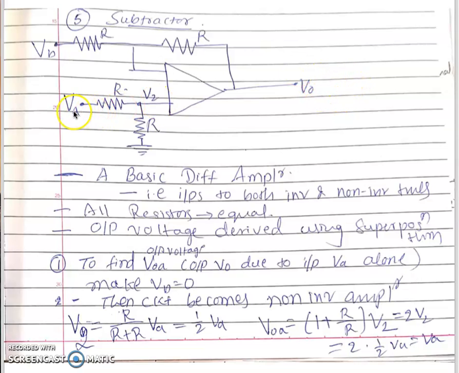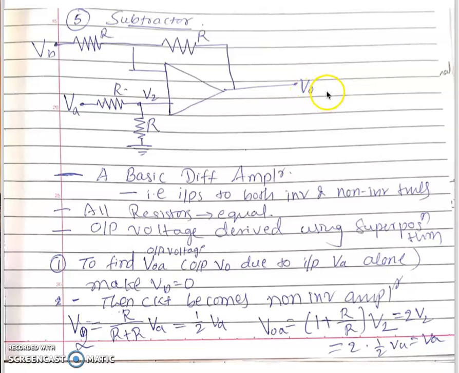So we are going to find the output voltage only due to input voltage VA. At that time VB is made equal to 0. And whatever output voltage we get, we are going to denote it as VOA. Similarly, we are going to find the output voltage due to input voltage VB alone, and we mark that voltage as VOB.